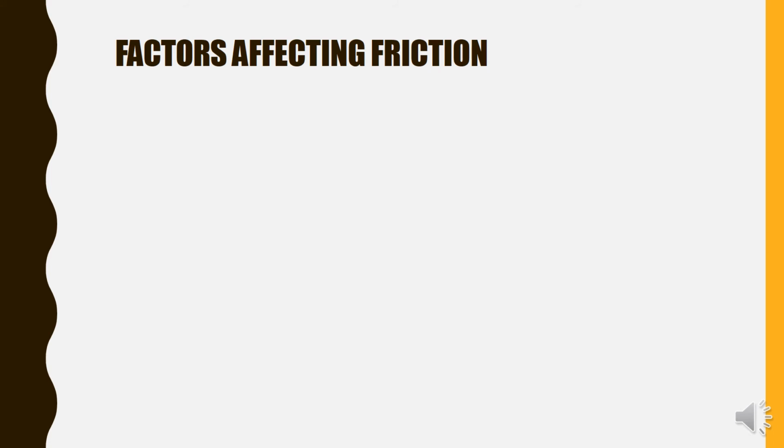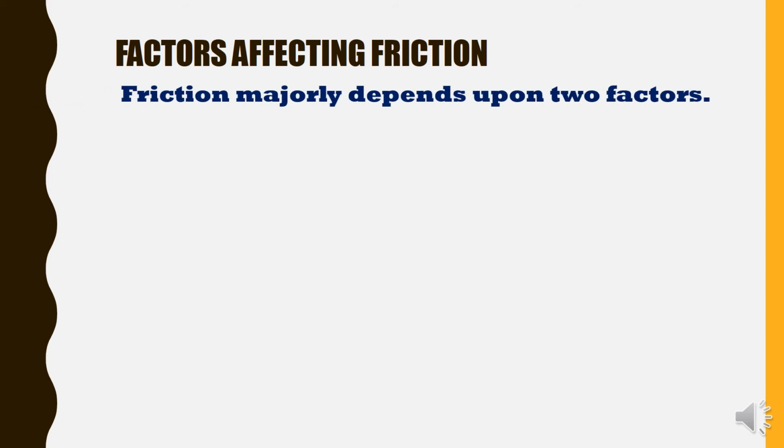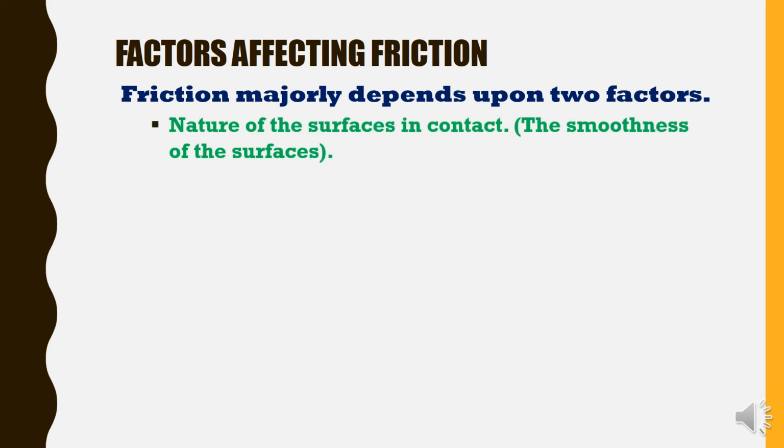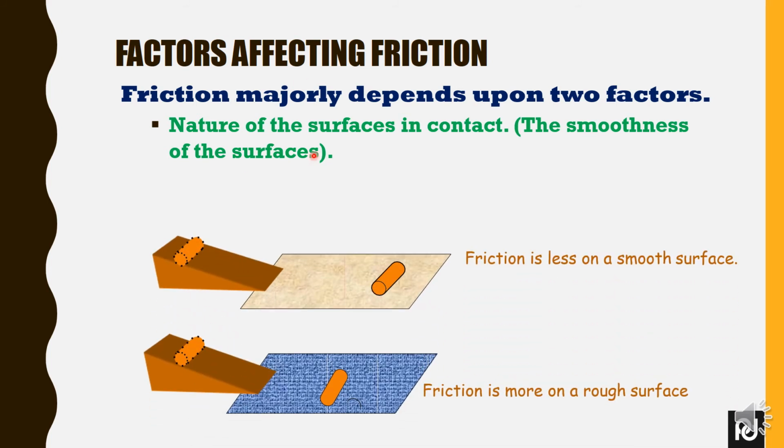Our next thing is factors affecting friction. The very first factor affecting friction will be the nature of the surfaces in contact, means the smoothness or the roughness of the surfaces. As you can see on the screen now, friction is less on a smooth surface. We consider this as a marble of the floor, and friction is more on a rough surface.